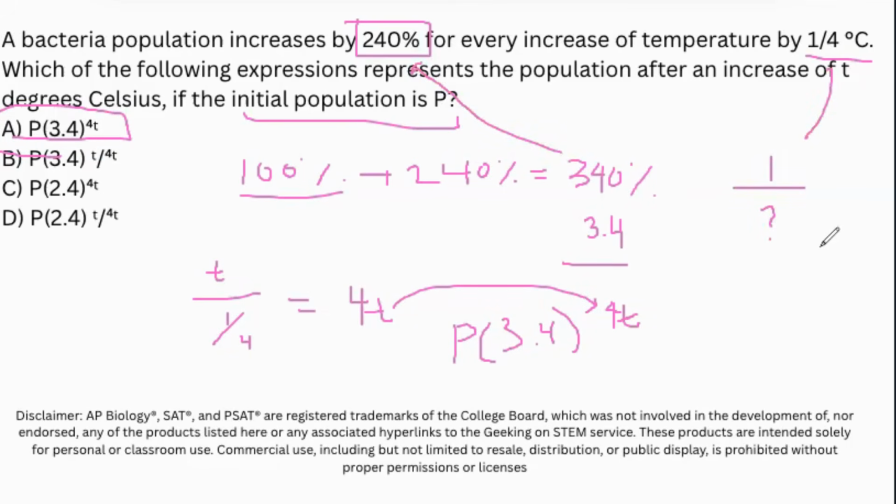Do not make the same mistake when you are initially thinking that it's just starting out at 100 and therefore it's 240. And that incorrect answer choice was in C and in D. And also think of it as t over whatever your value is instead of the other way around, because that could cause multiplication problems or division problems. And don't forget that your initial population is P.